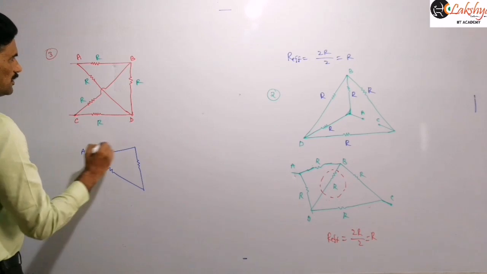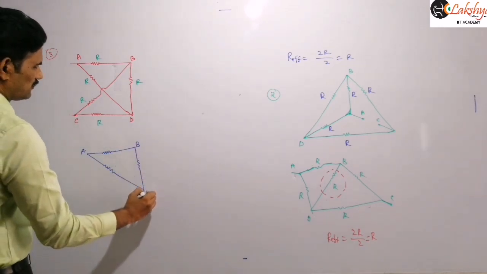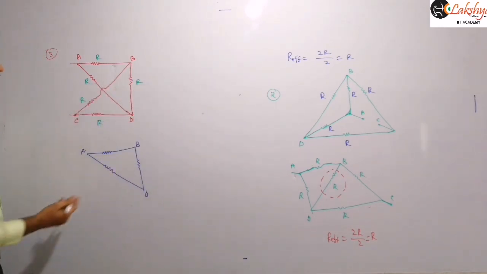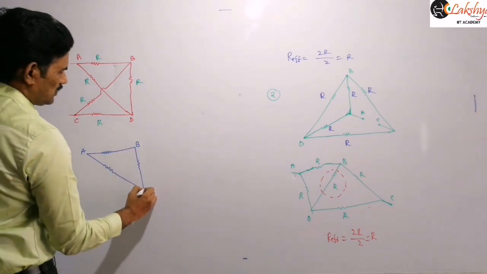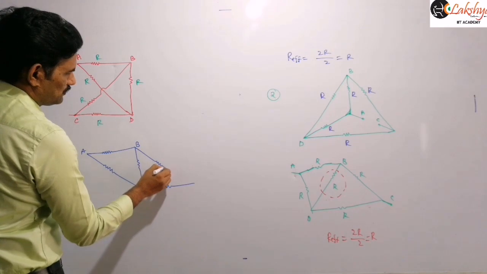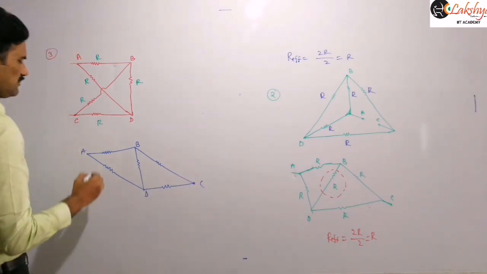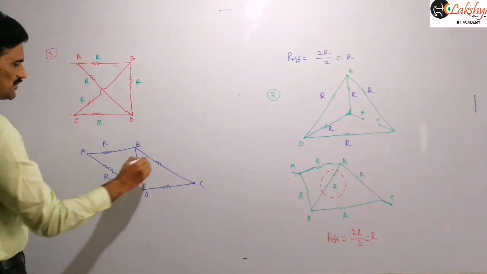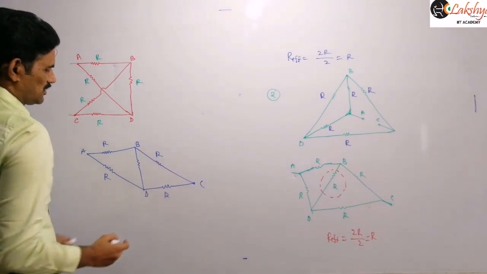This is our A, B and this is D. This part I am converting like this, and then you will get this point as our C. So this is R and this is R and this is also R and this is also R, right?